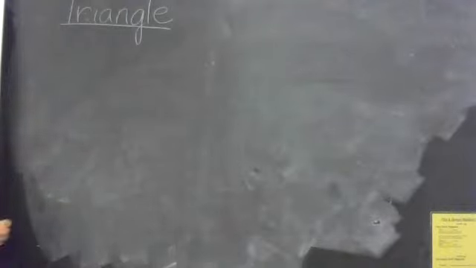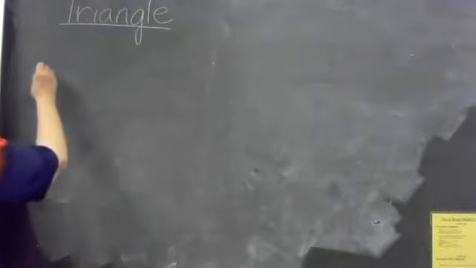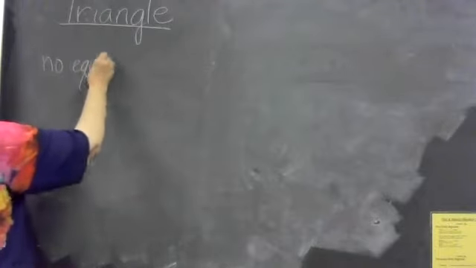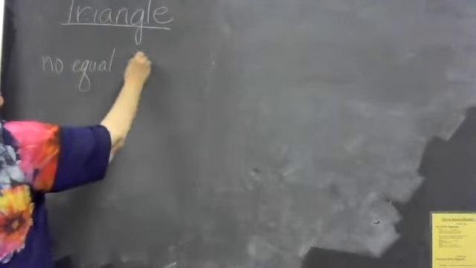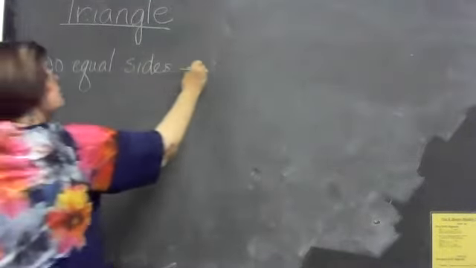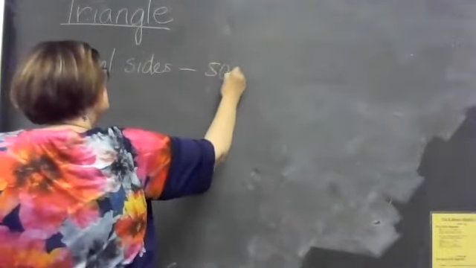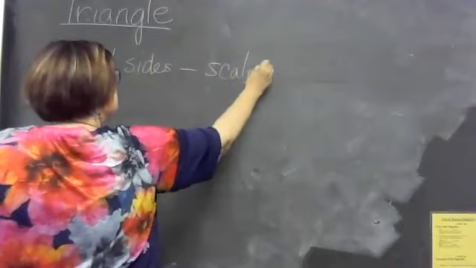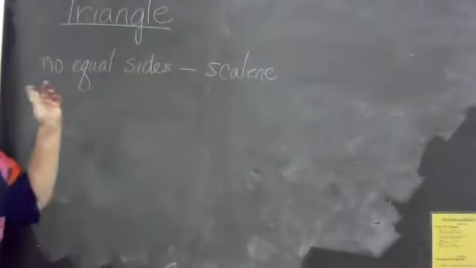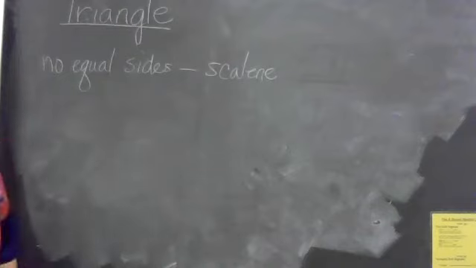If none of the sides are the same length, it's called scalene. A scalene triangle has no equal sides. None of them are equal.